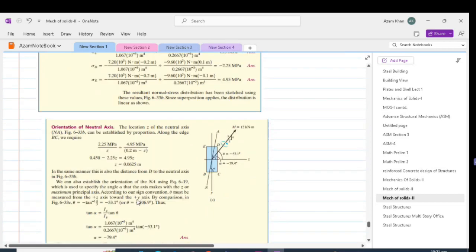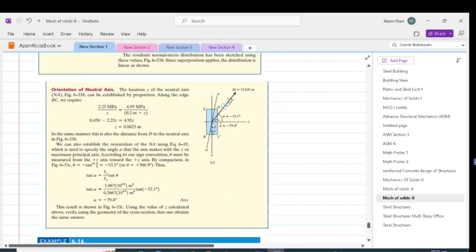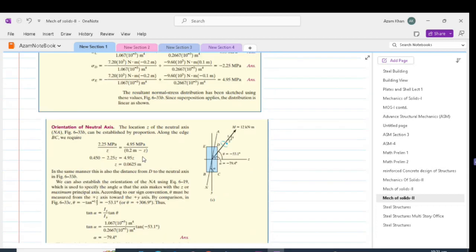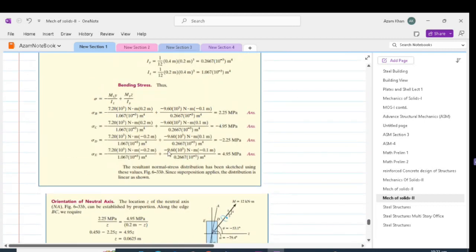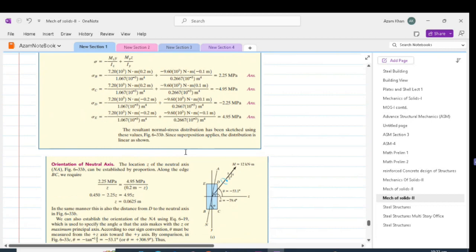We can also determine the neutral axis based on the proportion of stresses along different edges. Like for example, along BC, we can use similarity of triangles as 2.25 by z is equal to 4.95 by 0.2 minus z, where 2.25 is sigma B and 4.95 is the stress at C. From here, we will get z value equal to 0.0625 meter.